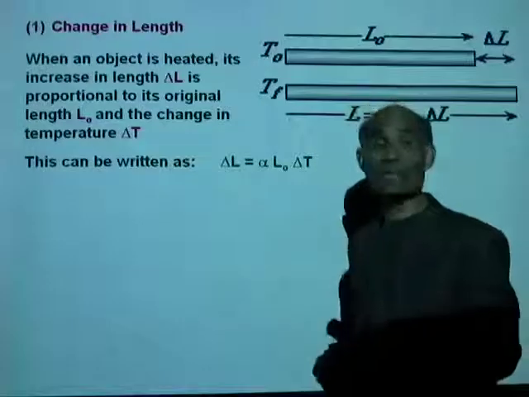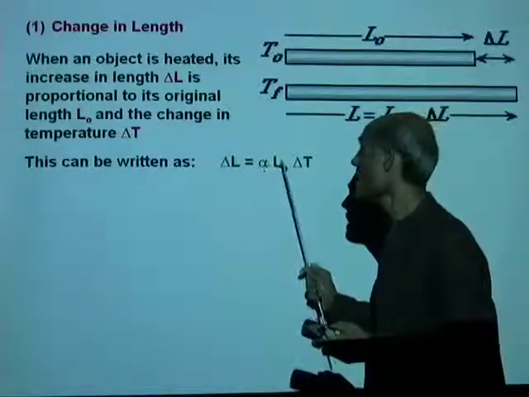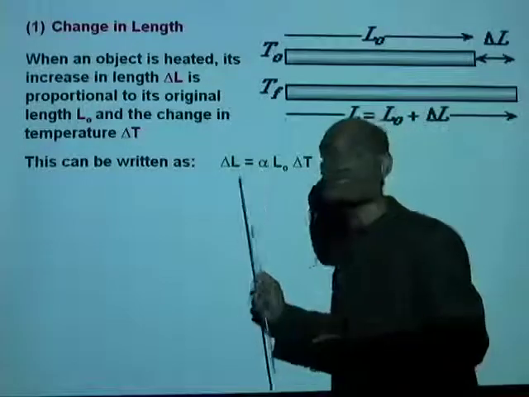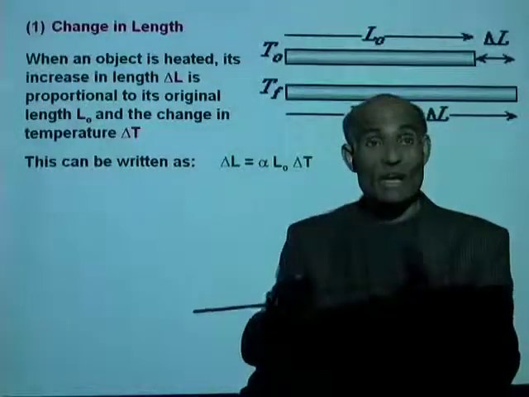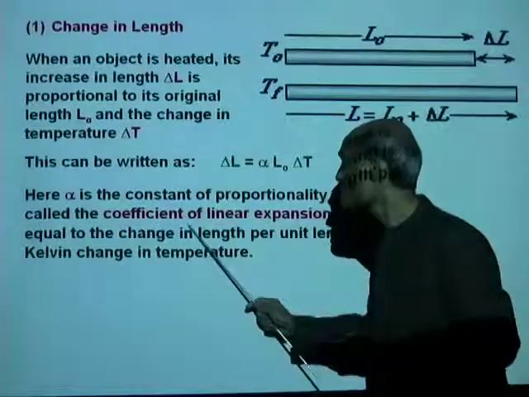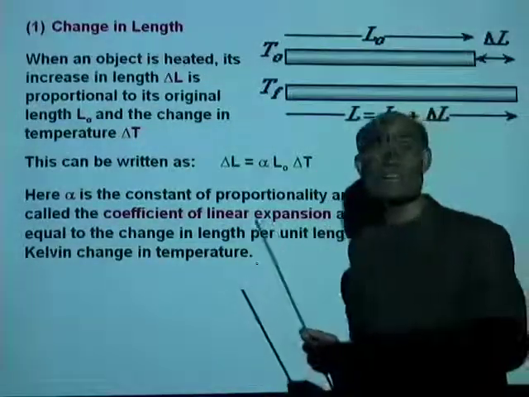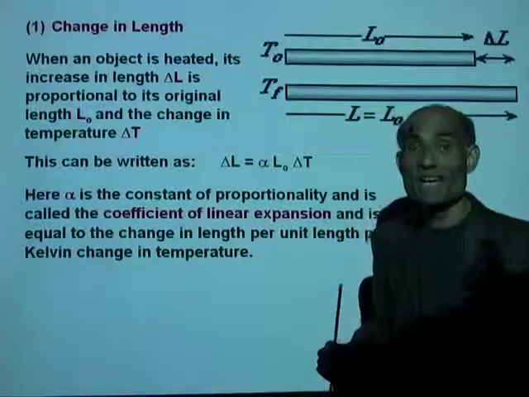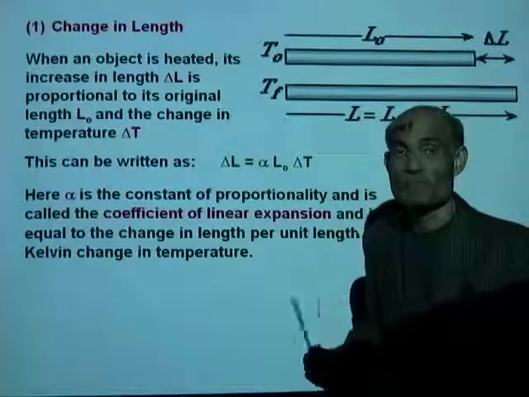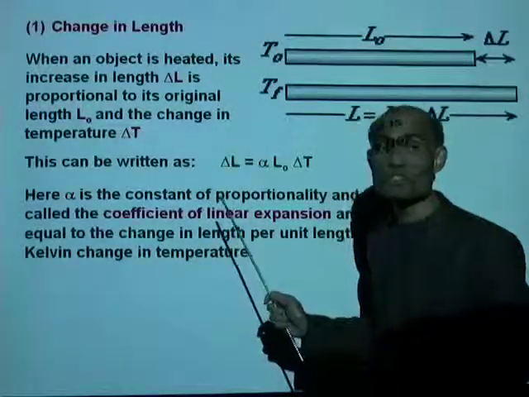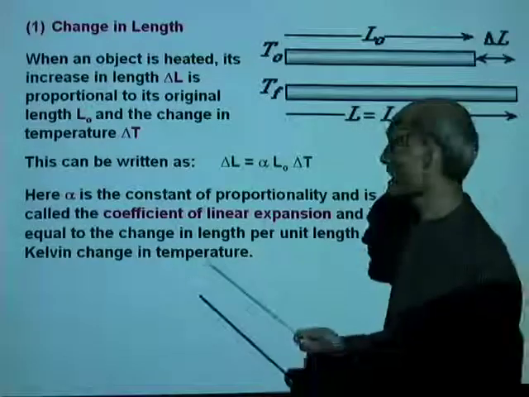So delta L equals alpha L0 delta T, where alpha is a constant for a given material. It is called the coefficient of linear expansion, or sometimes the linear expansivity. Alpha is a constant called the coefficient of linear expansion.